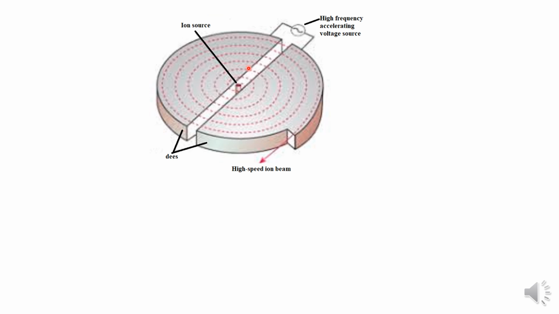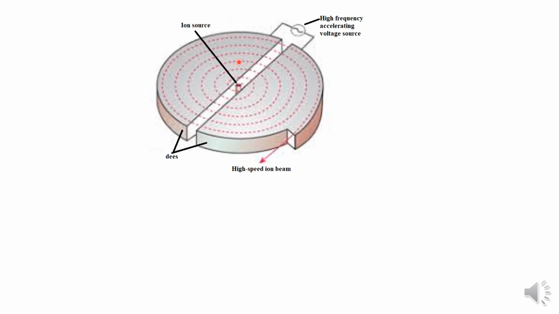Each time it enters the gap, its velocity increases. When it is inside the electrode, its velocity does not increase, only the direction changes because of the Lorentz force, and when it enters the electric field, it gets accelerated.